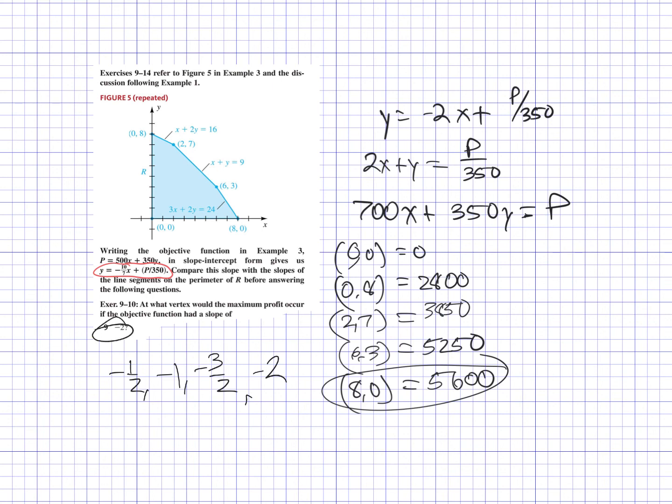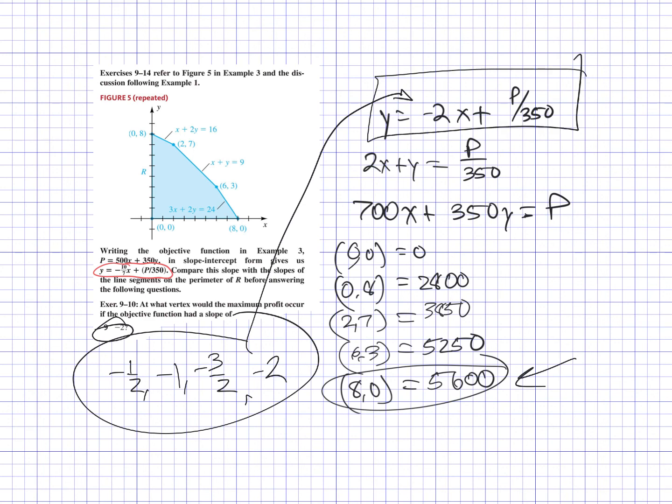And if you put each of those in for your slope, it still is going to come out that negative 2 gives us the most profit. And if you think about it, everything stays the same in this equation. The y-intercept is p over 350, so what's going to give us the biggest p value, which is right here?